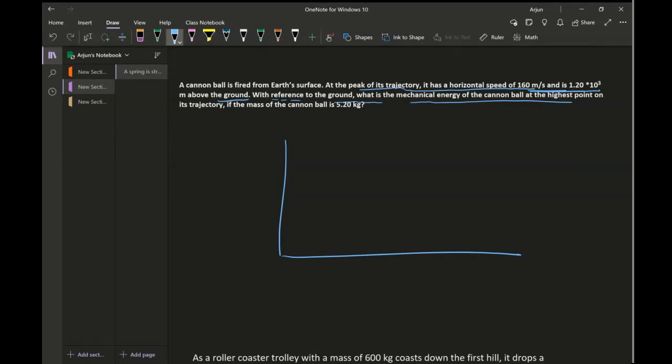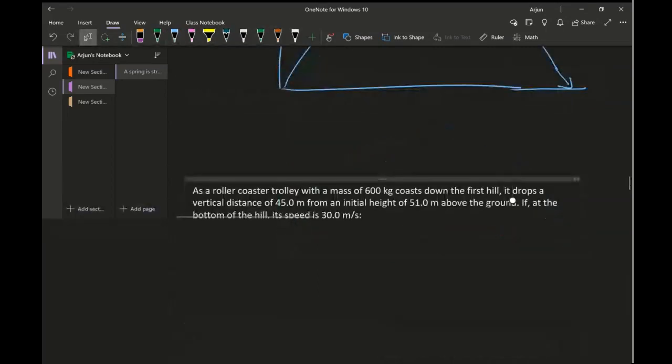So I'm going to draw the diagram. The cannonball is fired from the Earth's surface, so it's fired like this and goes in this parabolic trajectory, and the mass of the cannonball is 5.20. At the top I want to find the mechanical energy, which is the sum of kinetic energy and potential energy.